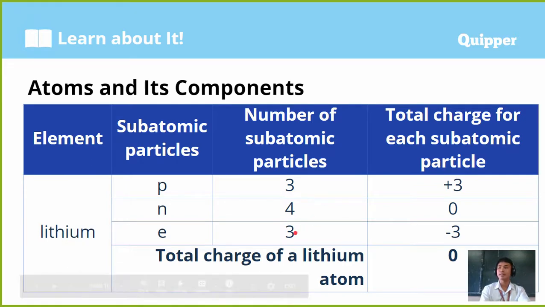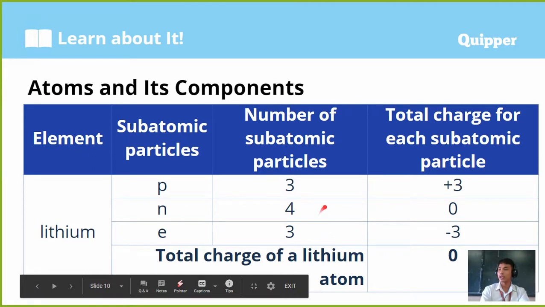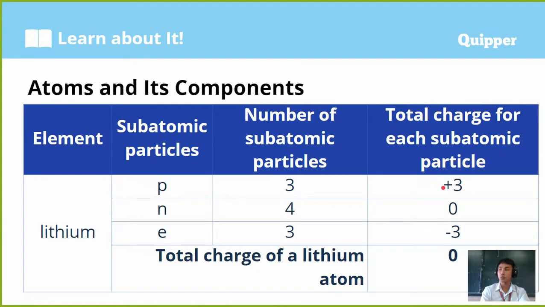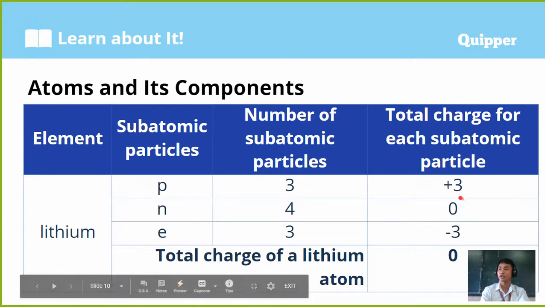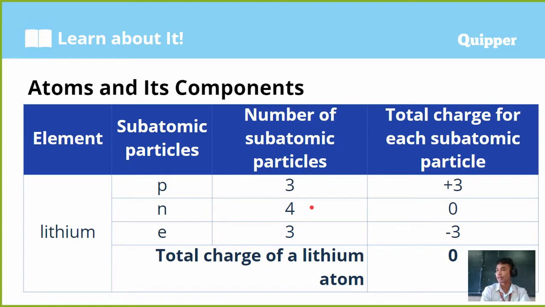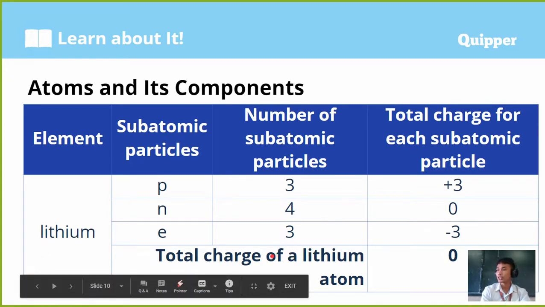Remember class that the number of protons must equal the number of electrons. So the total charge of the subatomic particles: positive 3 for proton, negative 3 for electron, and 0 charge for neutron, so it is in a neutral state. The total charge of a lithium atom is 0. We are referring here to the charge, not the mass. Later we will talk about mass.